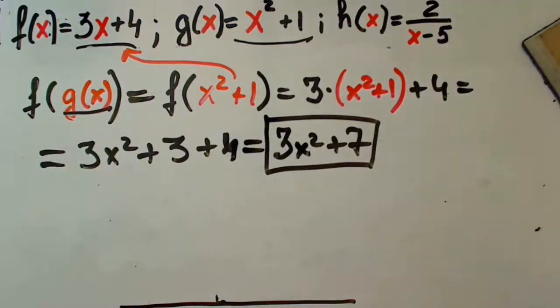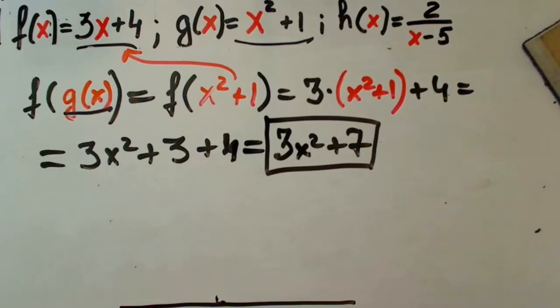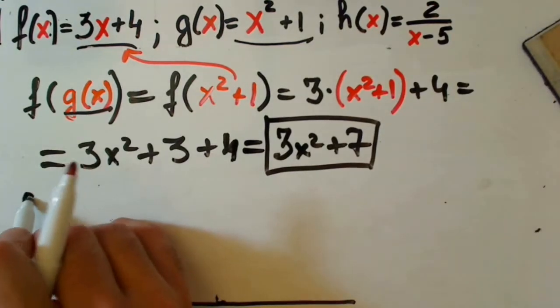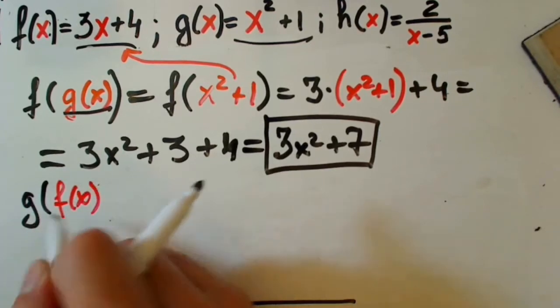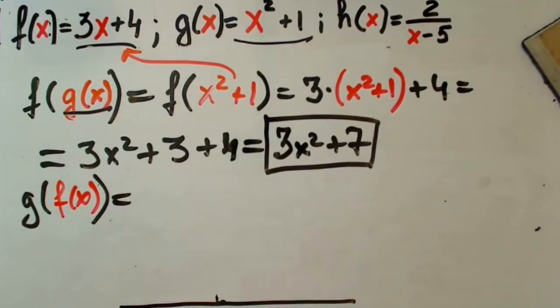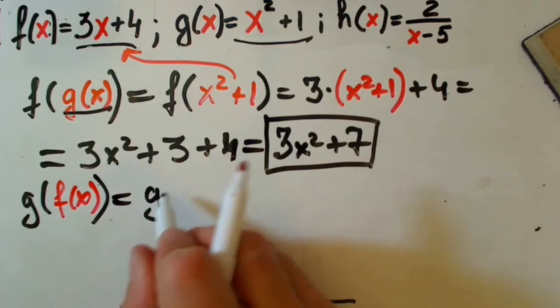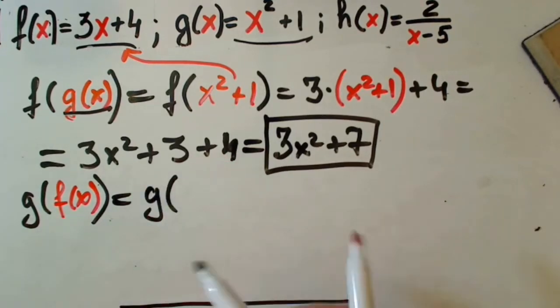Now, next one, we have the opposite. G of, and our input is f of x. Now, again, let's find out what our input is. Our input is actually 3x plus 4.